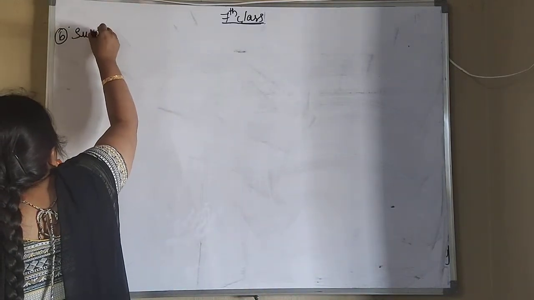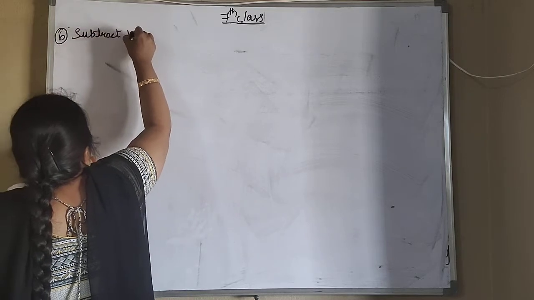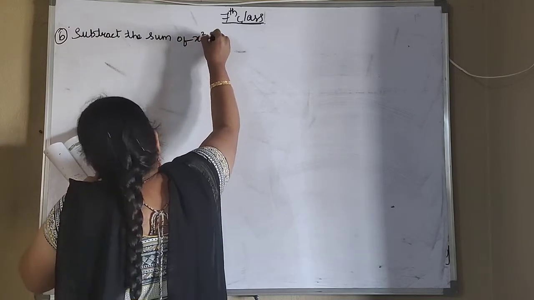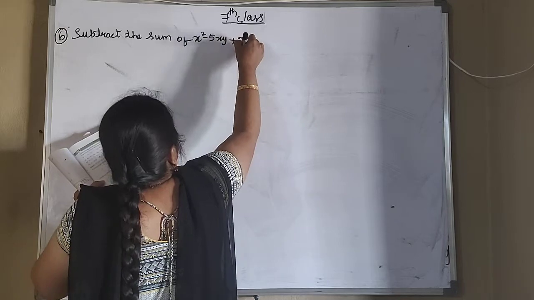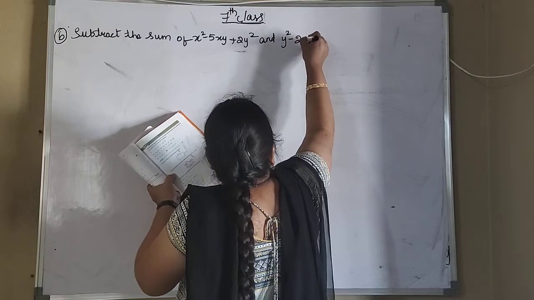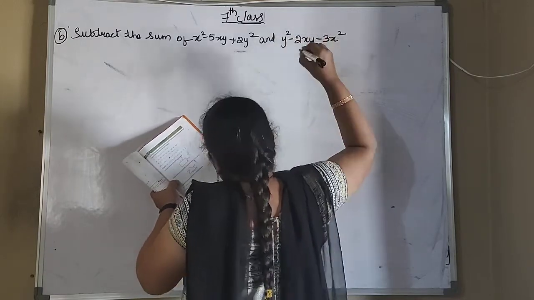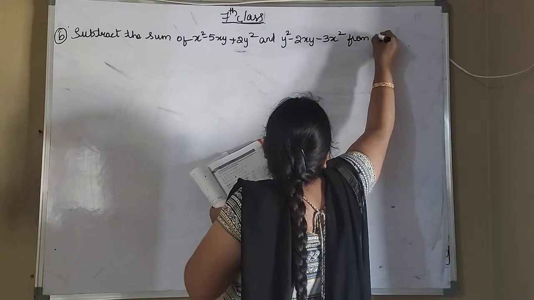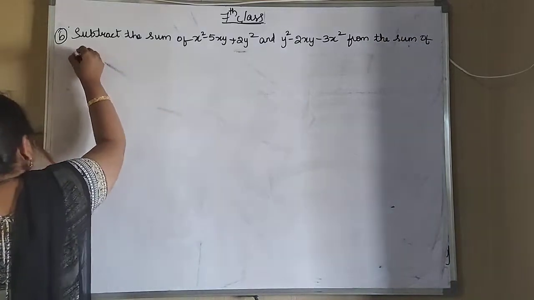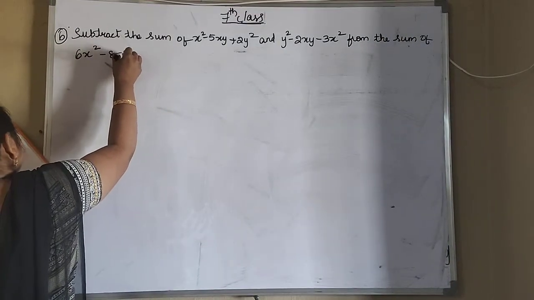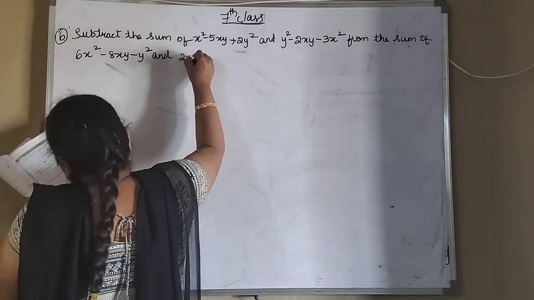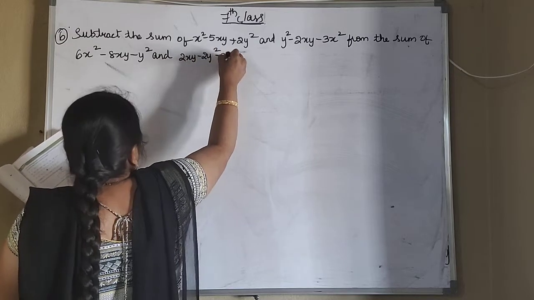Subtract the sum of x square minus 5xy plus 2y square and y square minus 2xy minus 3x square from the sum of 6x square minus 8xy minus y square and 2xy minus 2y square minus x square.